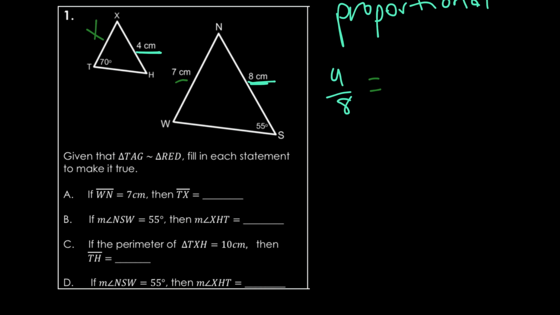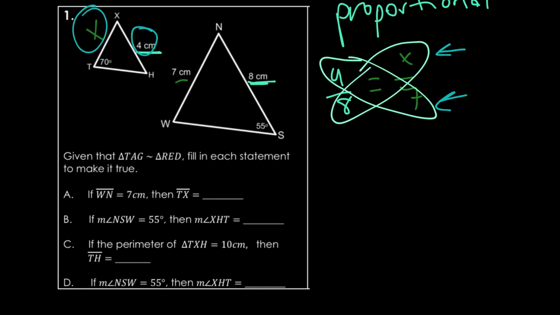Well, I know 4 over 8 has to be equal to x over 7, because both x and 4 are on the same triangle, so I'm going to keep them both on top. And 8 and 7 are on the same triangle, so I'm going to keep them both on the bottom. Now, every single time we solve a proportion, we are going to cross multiply.